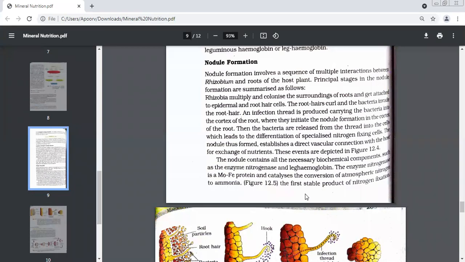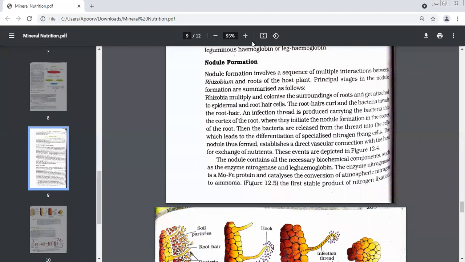Tell me the first step. Arya, tell me the first step in the formation of a nodule. Speak, beta.